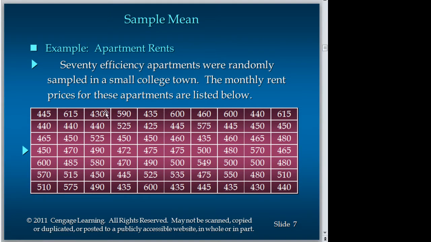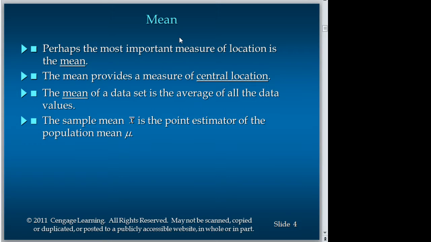So let's say these are 70 different data points. It says 70 points. Let's say this describes apartment rents, right? Then how do you find the average of this?